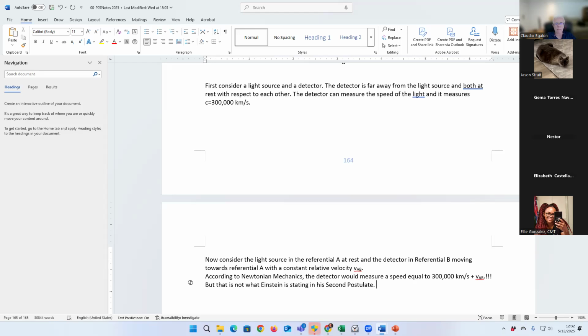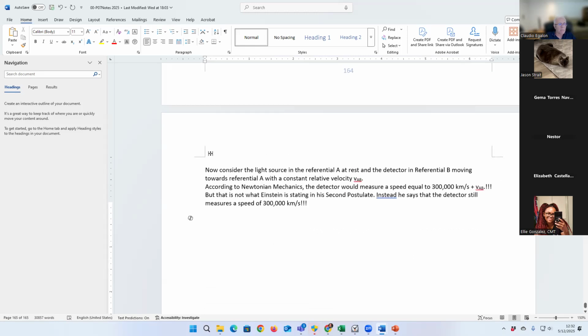Instead, he said that the detector still measures a speed of 300,000 kilometers per second. That's what Einstein's postulate means.